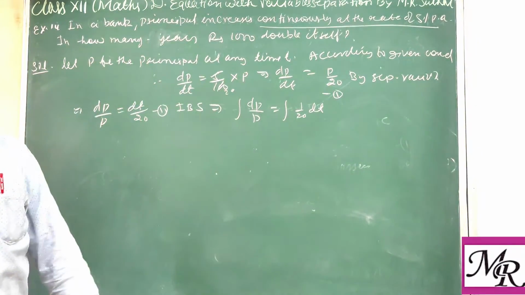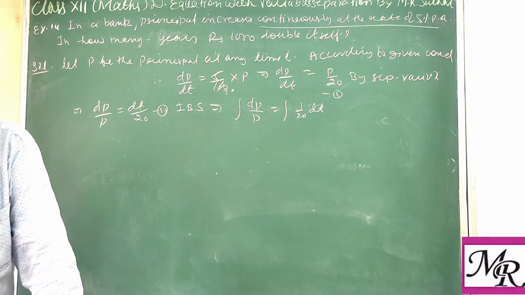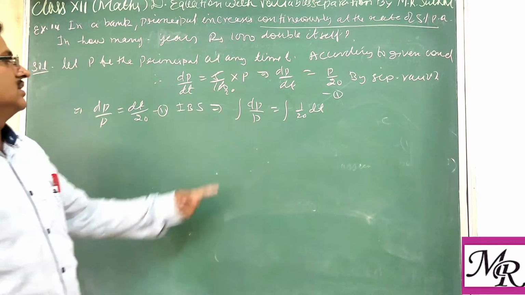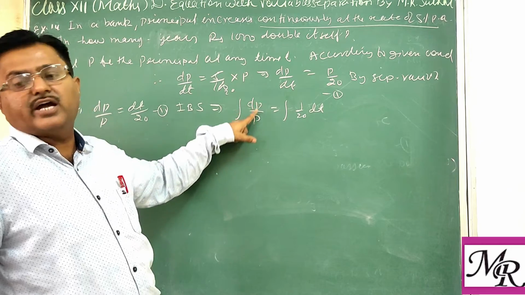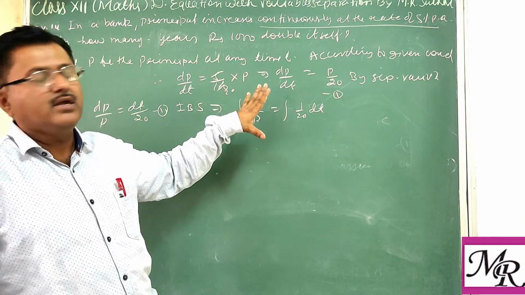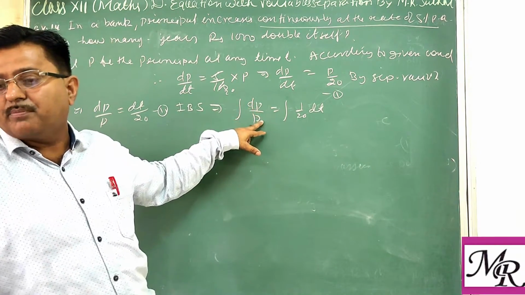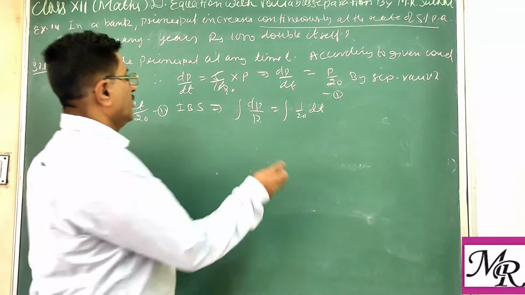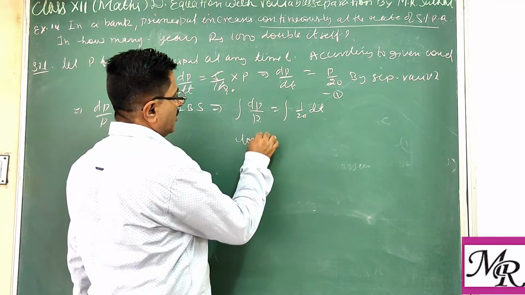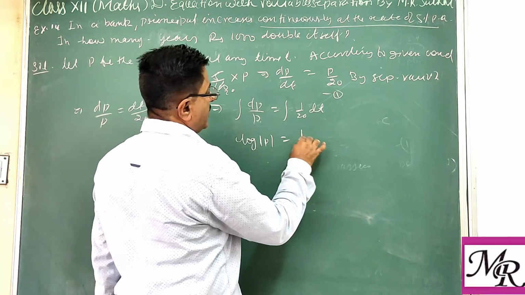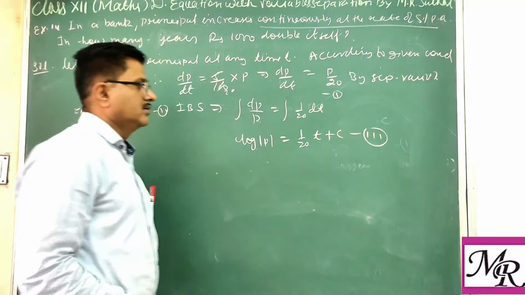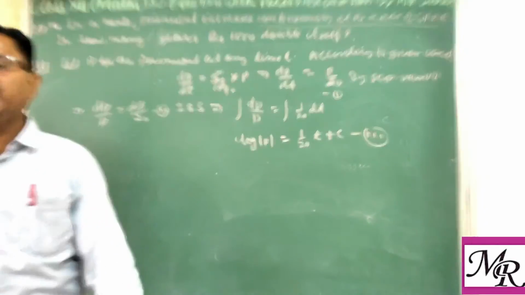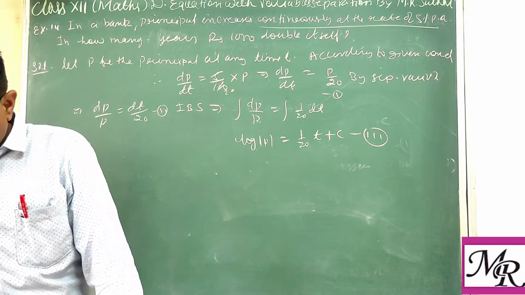You know the integration of dP upon P is like dx upon x. The variable may be x, y, z, p, q, r, whatever it may be. So the integration of dP upon P is log P. Log P equals 1 upon 20, which is a constant, and the integration of dt is t plus c.